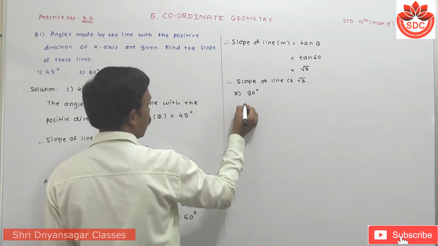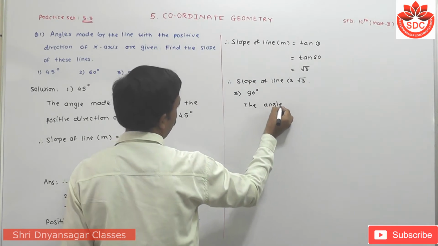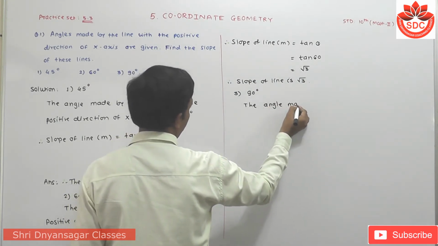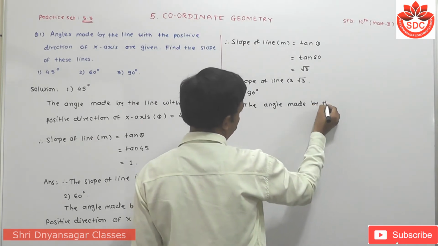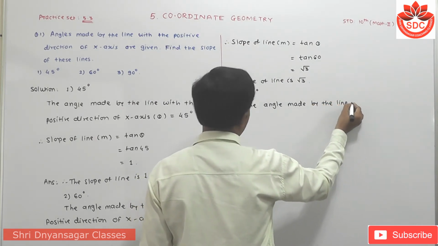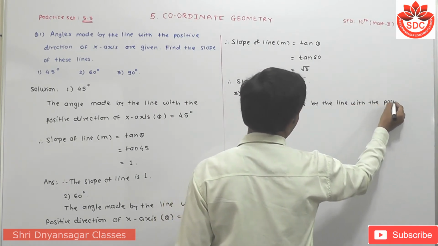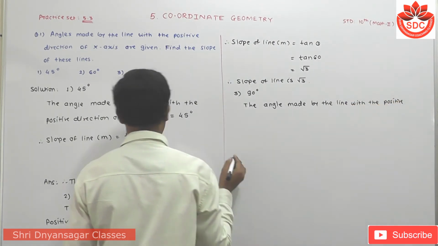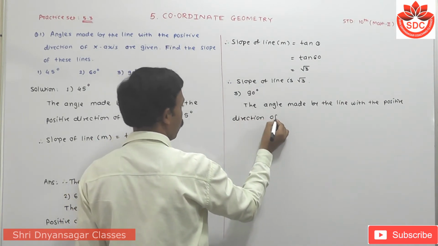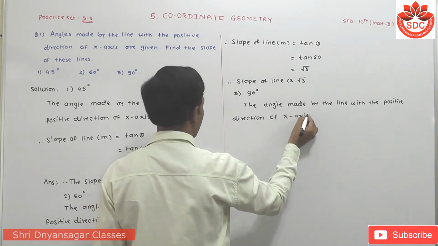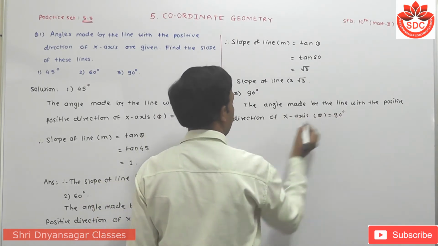Then the third one is 90 degrees. We write here: the angle made by the line with the positive direction of the x-axis, theta, equals 90 degrees.